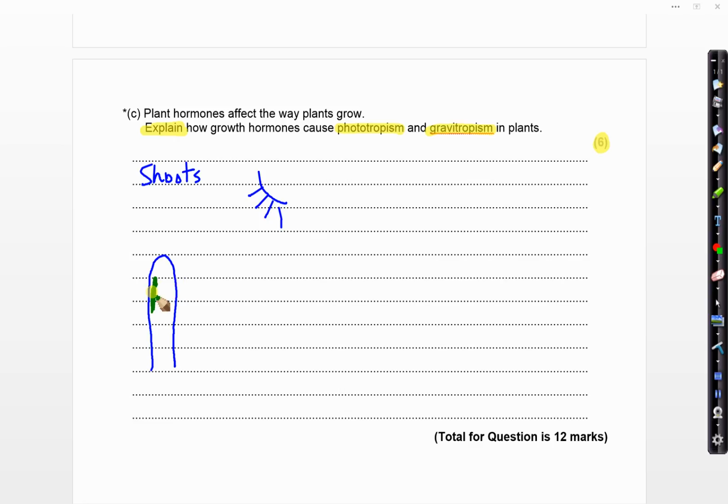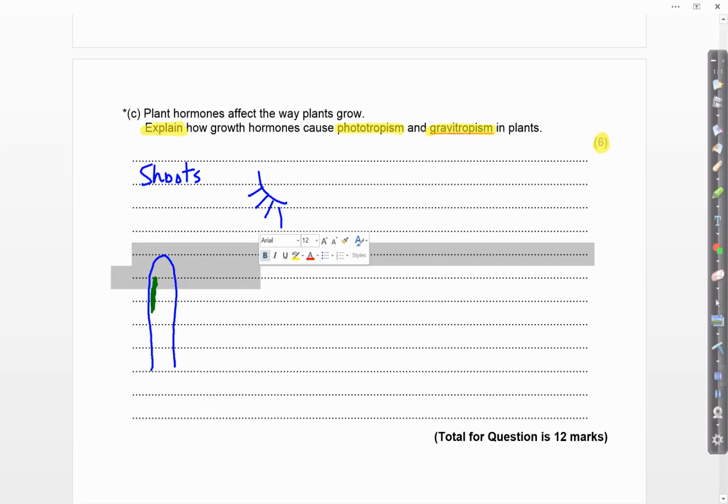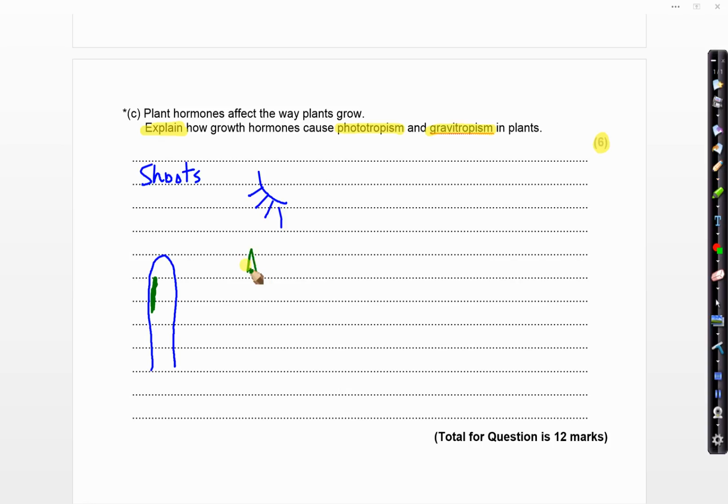What does the growth hormone do? Well, we could say that growth hormone is called auxin, using the key terms there. So auxin, what does it do in a shoot? It stimulates growth.